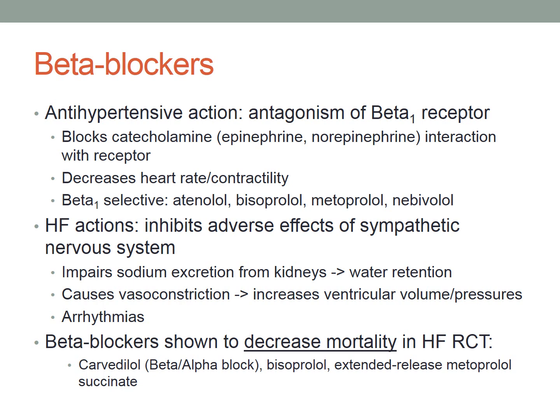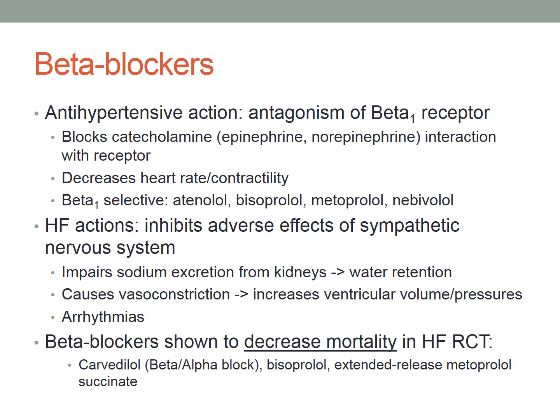But the main antihypertensive action of beta blockers comes from the antagonism of the beta-1 receptor. So beta blockers will block catecholamine interaction with this receptor, and they can decrease heart rate and contractility. So the beta-1 selective beta blockers are atenolol, bisoprolol, metoprolol, and nebivolol.